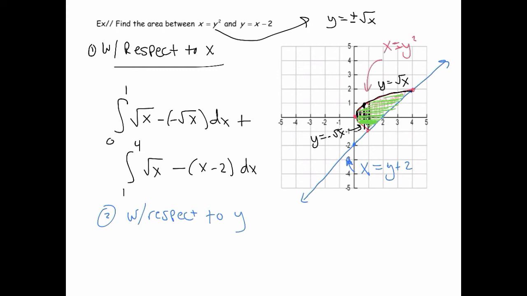Therefore the actual integral is going to go from our y values -1 all the way up to the y value 2. The rightmost function is y plus 2, and the leftmost function is y squared. And that doesn't change in the entire y interval -1 to 2. So this is arguably more elegant because you don't have to use two integrals, but either one of these would be acceptable and they should both return the correct area.